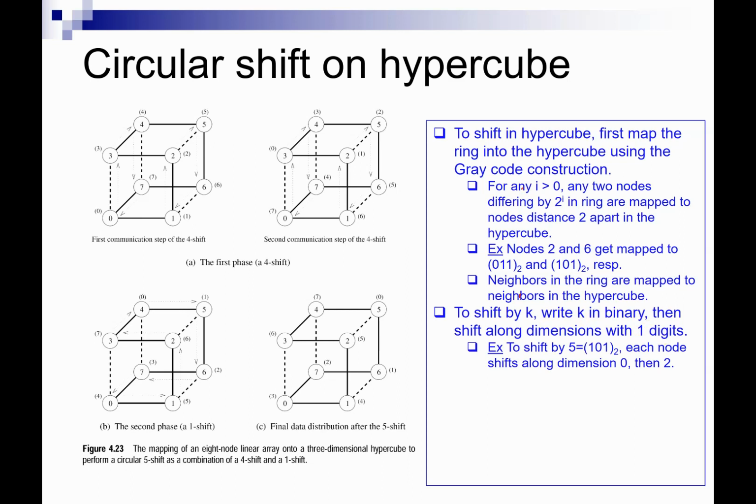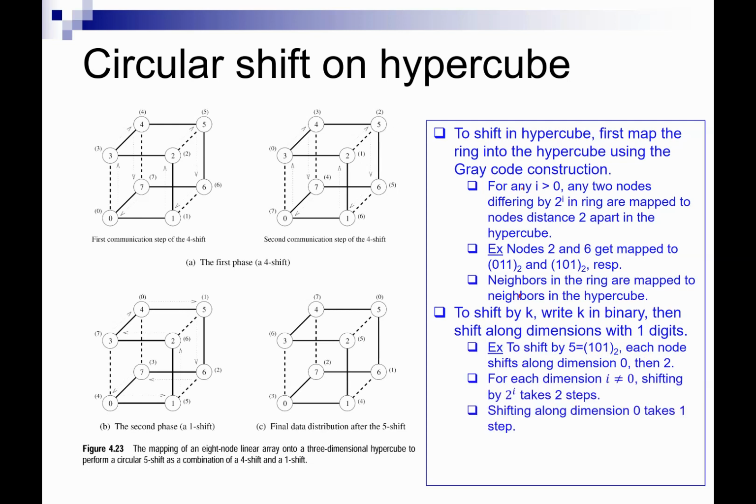As an example, suppose you're trying to shift by 5. Then you write this in binary, which is 101, and the dimensions with the 1 digits are the 0th dimension and dimension 2. So we're going to do a shift of 1, and then we're also going to shift in the 2 dimension, which corresponds to a shift by 4. So altogether we've shifted by 5.